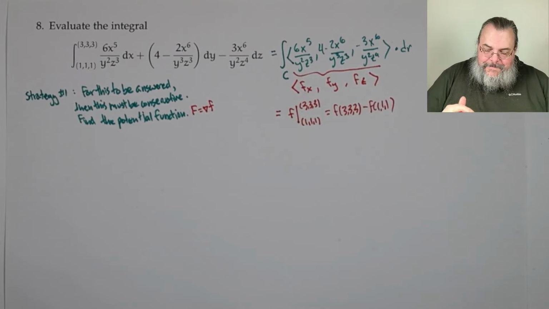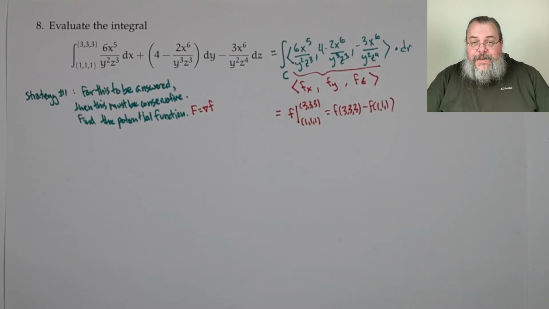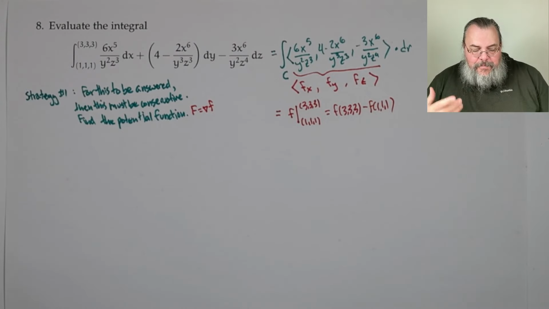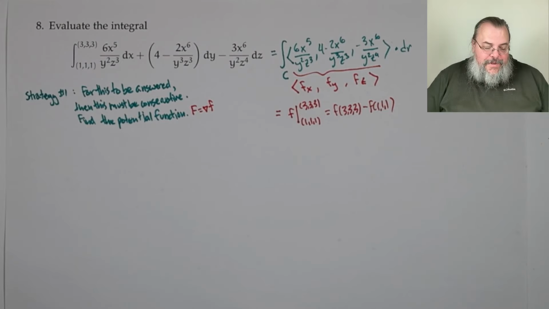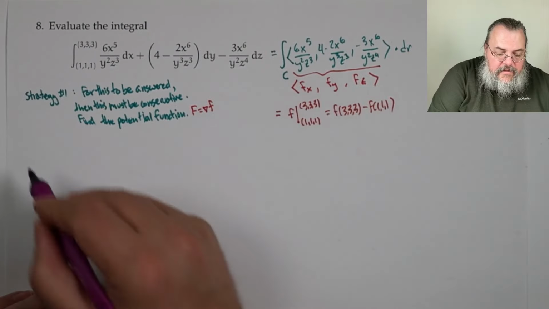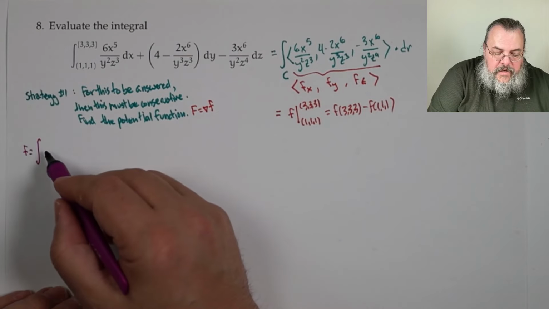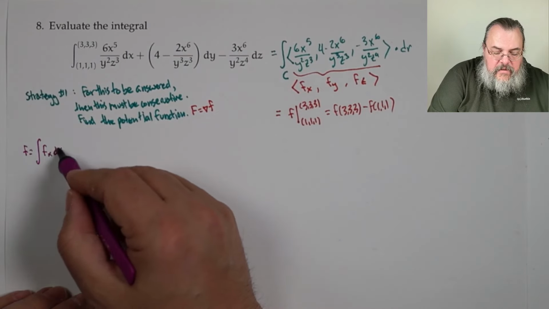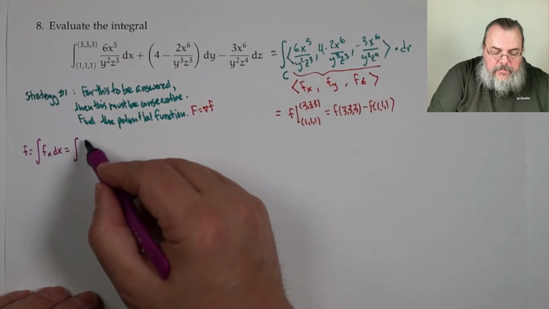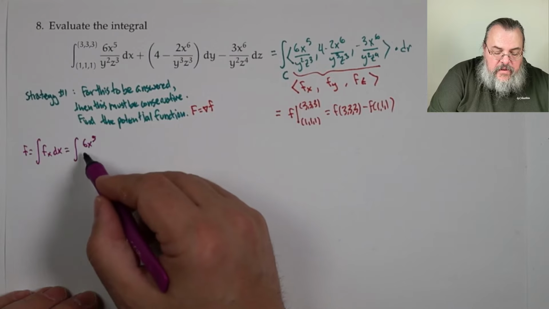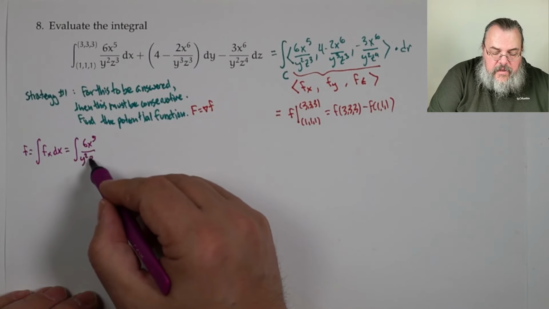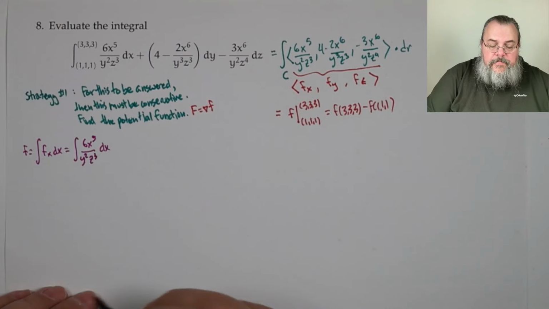So we've got to find f. But that's okay, we know how to find f. Because we have the partial derivatives, we're going to build up what f must look like. Let's begin with the first slot, f sub x. f should look like the integral of f sub x dx. That's the integral of 6x to the 5th over y squared z cubed dx.